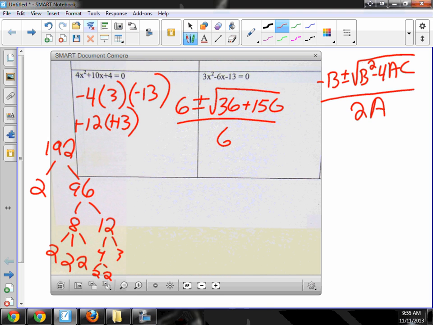Can I pull anything out? 3 sets of 2's. What's left over? 3. So 6 plus, I bring out 3 sets of 2's. What does that give me? Not 6. 8. 2 times 2 times 2.